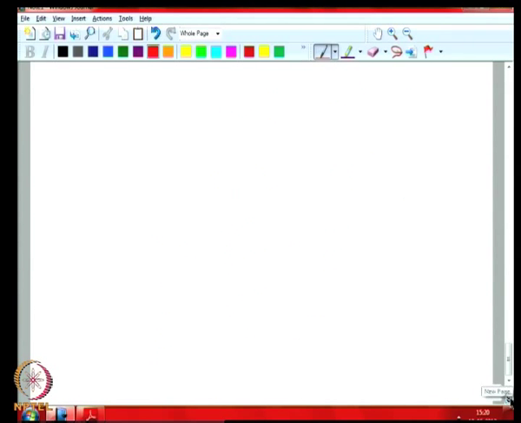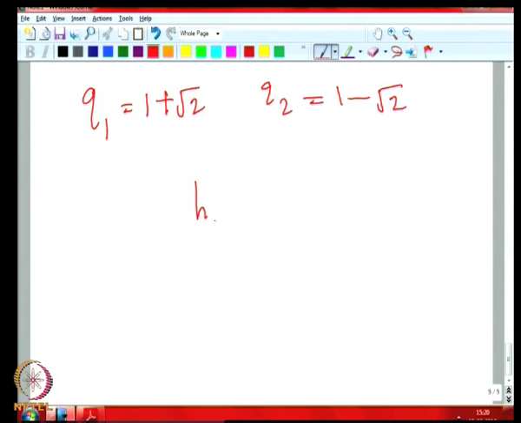The answer is that, let us say q1 equal to 1 plus root 2 and q2 equal to 1 minus root 2, these are the two solutions. We will notice that our recurrence relation hn equal to 2 into hn minus 2 plus hn minus 1 will also be satisfied by any combination of these solutions.